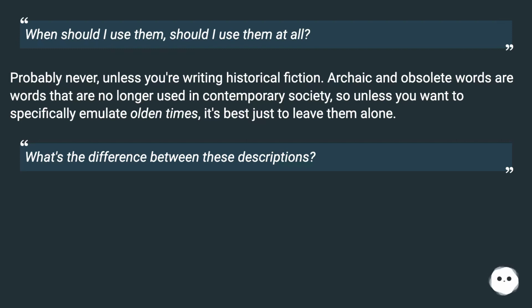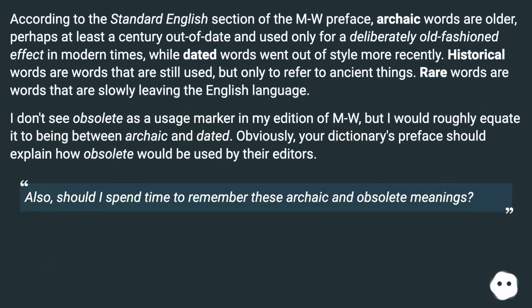What's the difference between these descriptions? According to the Standard English section of the MW preface, archaic words are older, perhaps at least a century out of date, and used only for a deliberately old-fashioned effect in modern times, while dated words went out of style more recently.